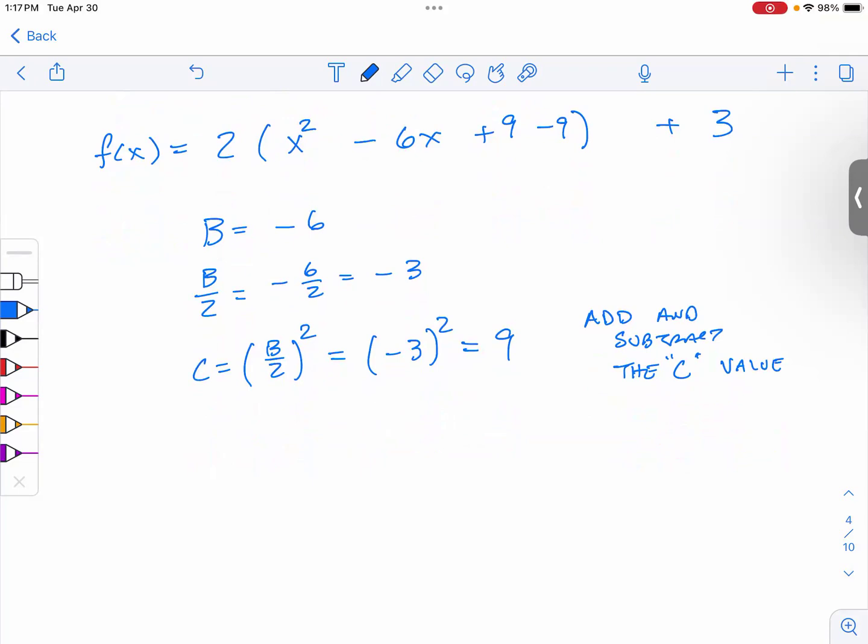Okay, so we've got that. All right, and since I only need that piece, I'm going to pull that other piece out. So that's -9, but in order to get that out of the parentheses, what else do I have to do?